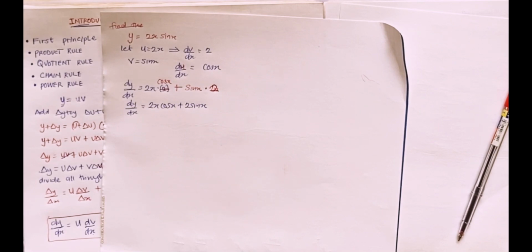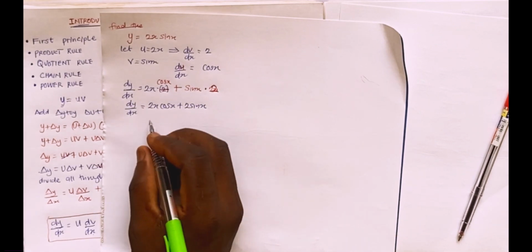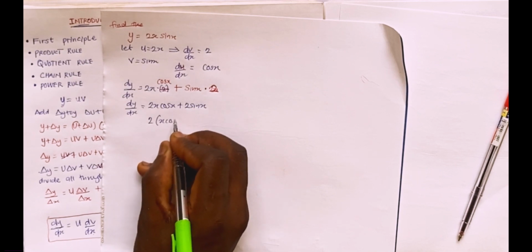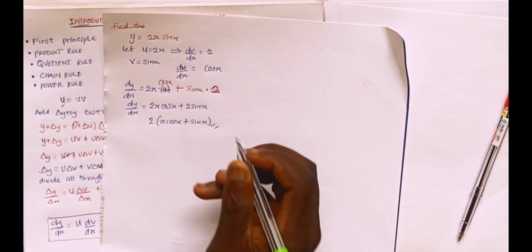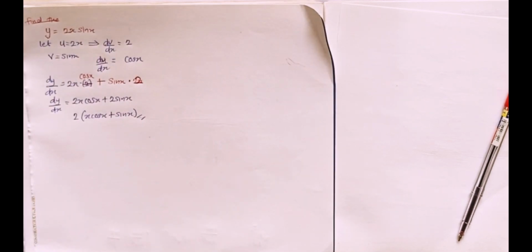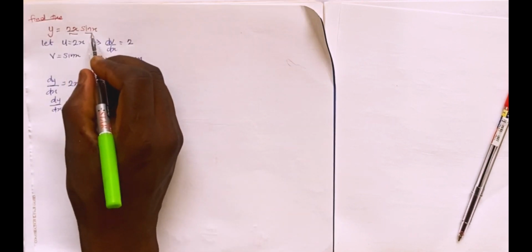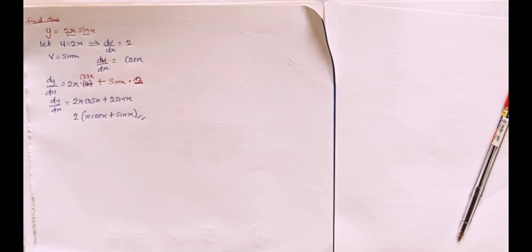So I think I can factorize 2 out. Factorizing 2 out, I'm going to have 2 into bracket, x cos x plus sin x. So that's just it. Now let's say I want to use just the normal method to prove it directly. It's still the same thing. Whenever you're having two functions, like two products, you are going to apply the product rule. You understand it now?